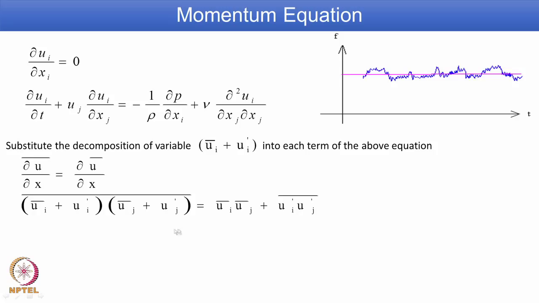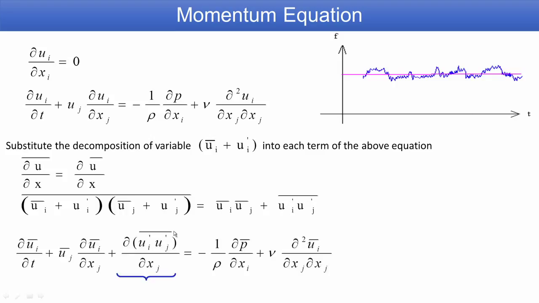Now, we follow some rules. We already listed a few rules based on averaging. After following those rules, we are not going into the details. Finally, you get a term as shown here on the right hand side. So, ūi ūj, their product, plus the time average of ui prime uj prime.